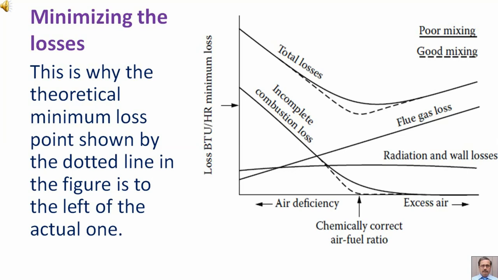This is why the theoretical minimum loss point shown by the dotted line in the figure is to the left of the actual one.